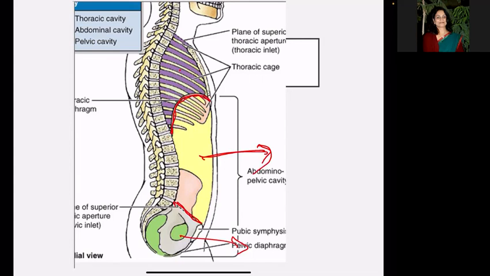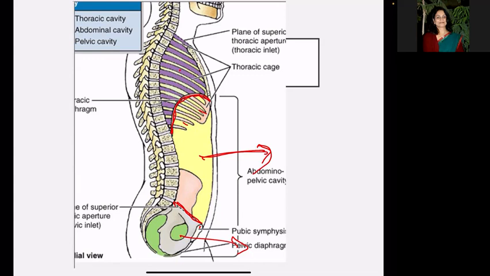The abdominal cavity is more extensive than what is visible from outside, as the upper part is covered by the costal margin and the lower part is covered by the pelvic bones.